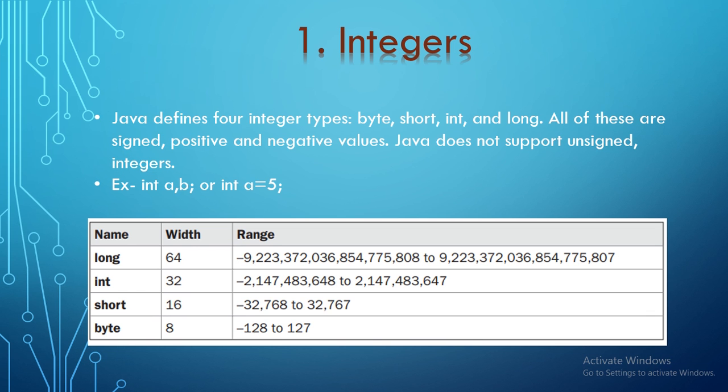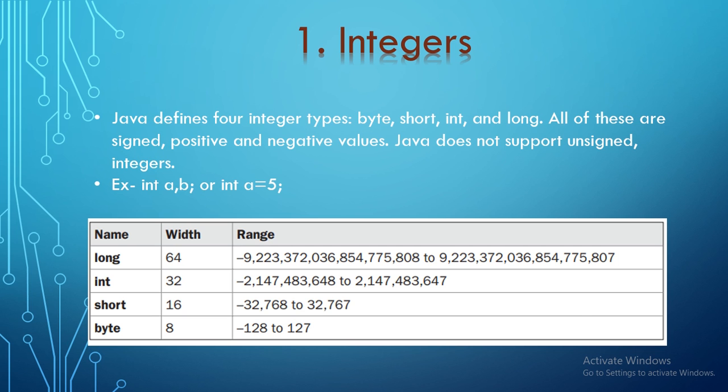Now this is the width of the 4 types of integers: long, int, short, byte. Long has a width of 64 bits and a huge range, and int is 32 bits and its range is good enough.